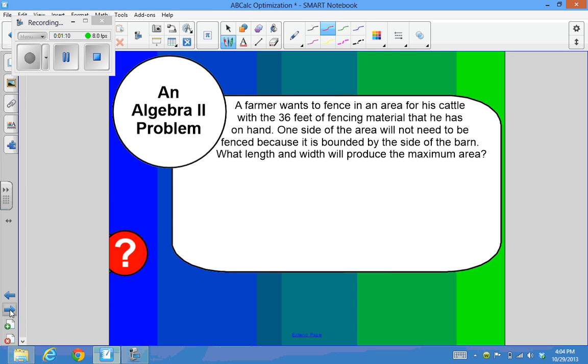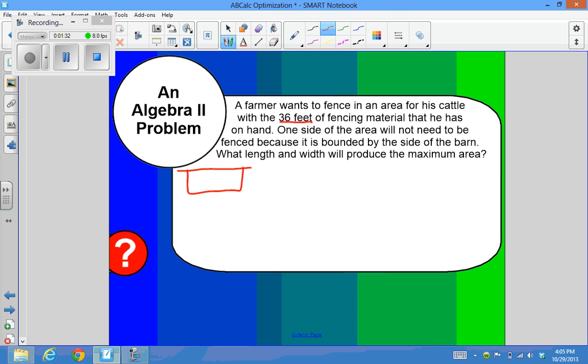Now, first thing, let's draw our picture. And I do want us to think, if you read this in a book, a lot of times they'll say it's a three-sided fence bounded by a river, but that doesn't make any sense because the cattle can stick it out. So let's have a barn there, 3 sides of a fence, and I have a total of 36 feet of fencing.